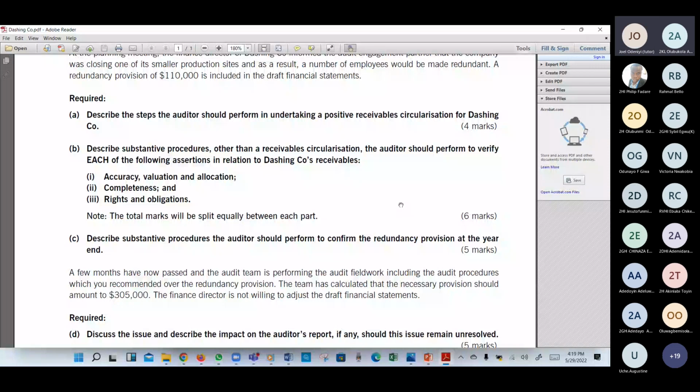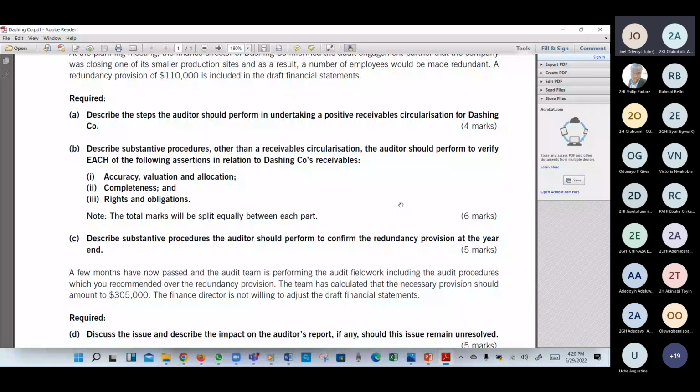These are the assertions the examiner wants you to focus on. Number one is accuracy, valuation, and allocation. We have completeness. We have rights and obligations. And you can see the total mark is 6 marks, so for each of them, you need two procedures each.